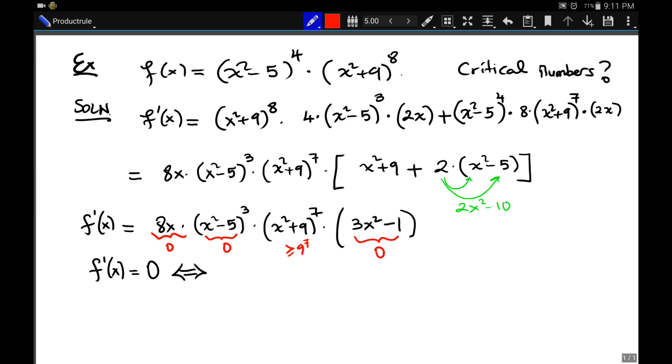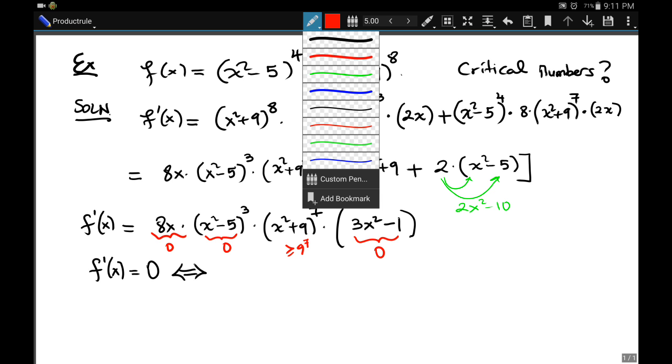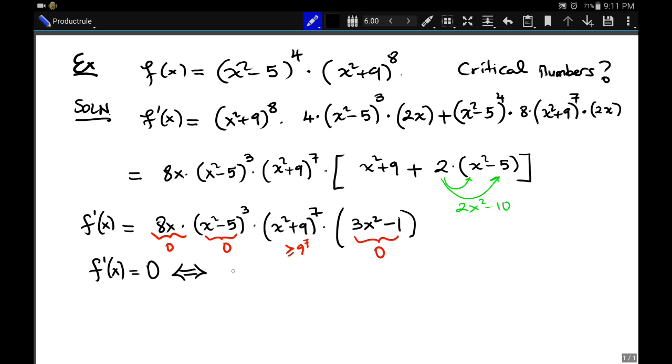It's a very big number. So these are the 3 possibilities. Let's write them. In here 8x is 0, so x is 0, or x squared minus 5 is 0, or 3x squared minus 1 is 0.